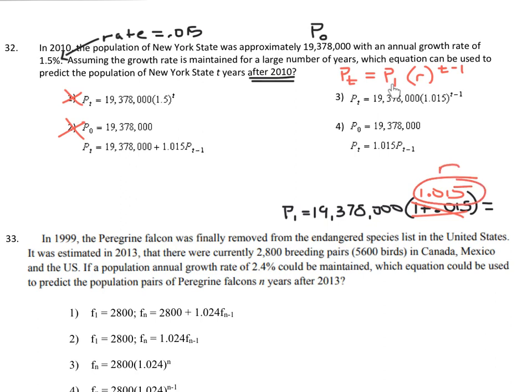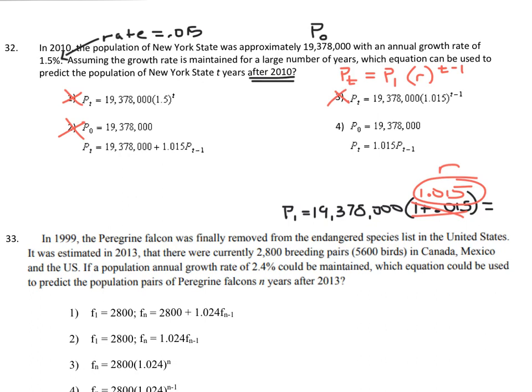But the reason why this is not the answer is because isn't this the value of p sub 0? Within the explicit formula, we need to put p sub 1 there. So if they had 19,378,000 times 1.015 here, that would be correct. But because they put p sub 0 here, this is not going to be our answer.